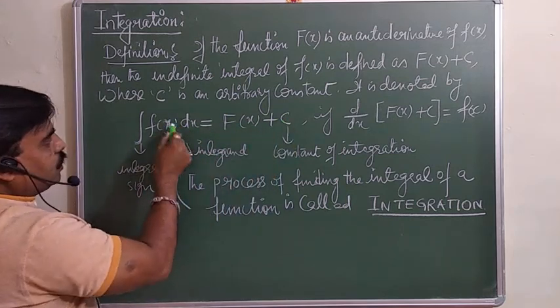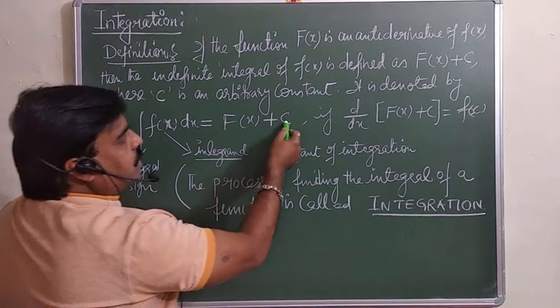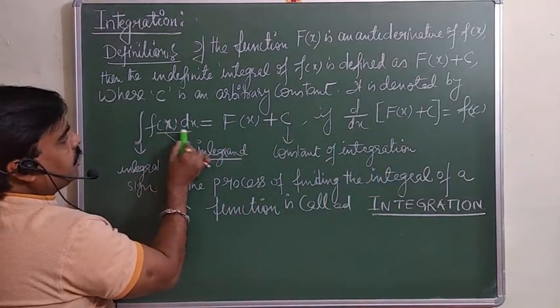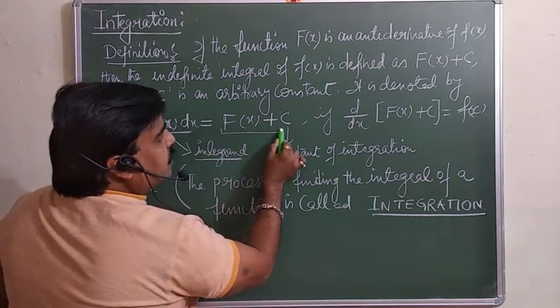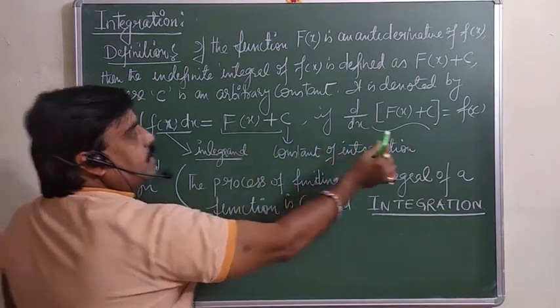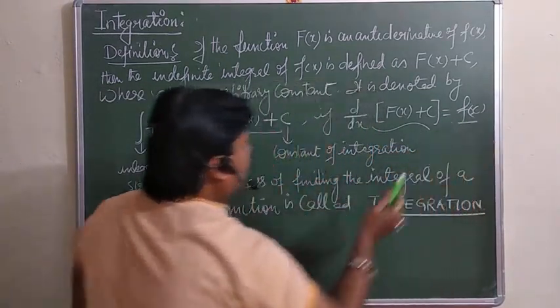This f(x) is known as the integrand. C is the constant of integration. If you take the antiderivative of this function, you get this one, and if we take the derivative of this function again, you will get the function itself.